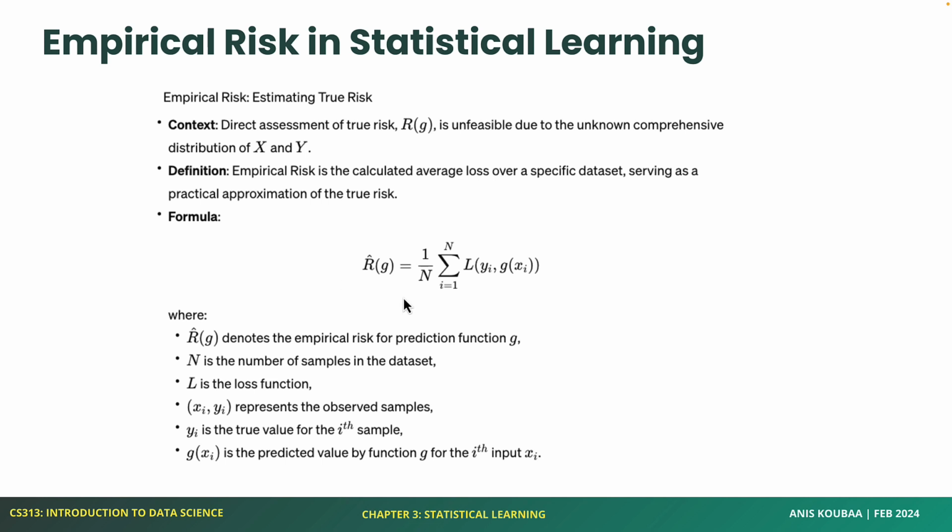We're going to calculate the loss for the first sample, for the second sample, for the third sample. We make the sum of all losses, and finally we calculate the average. And this sum could be on individual values, or it can also be on batches. But let's keep it simple. This is just the ith sample, the true value y_i, and x_i represents the observed input of the ith sample.